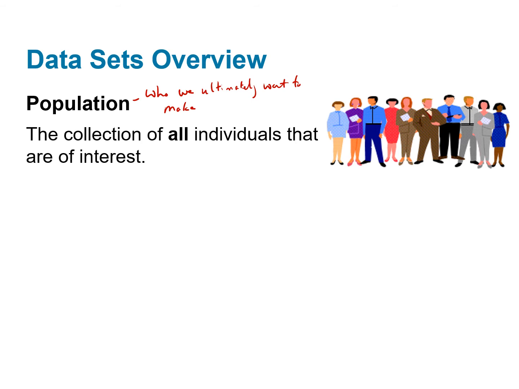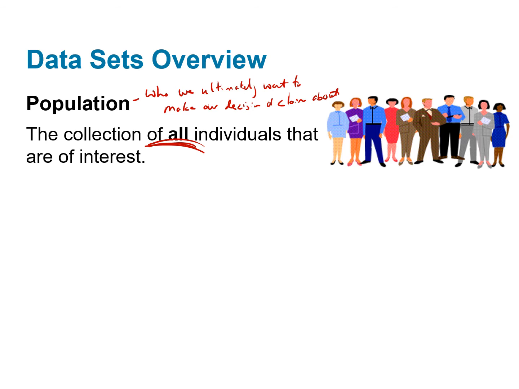So it's who we want to make our decision or our claim about. But the important thing to know is your population is every single individual that you're interested in. It's all of the individuals. It's the entire group.